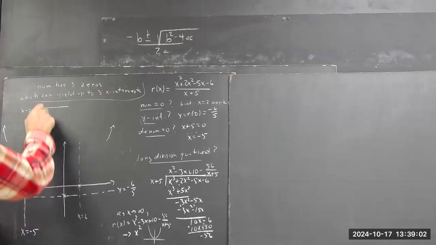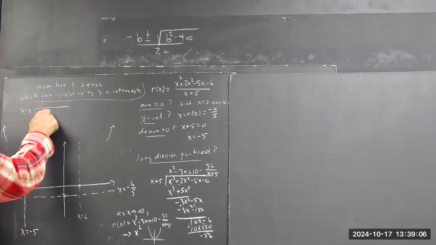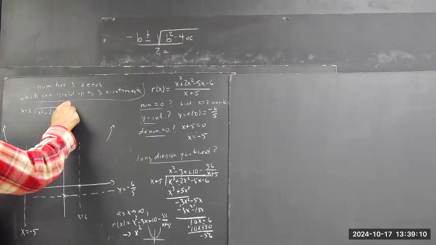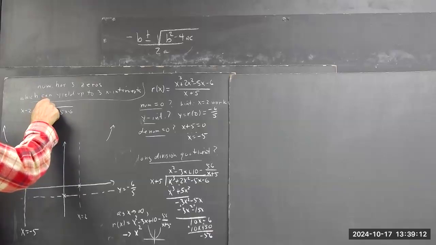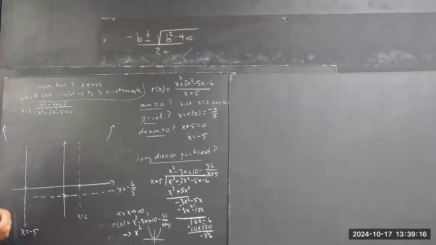divide x minus 2 into x cubed plus 2x squared minus 5x minus 6. And I believe we get x squared plus 4x plus 3.